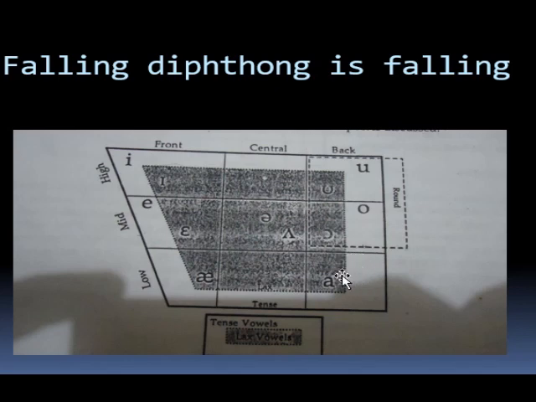Like the example, diphthong ear: it glides from e to a lower position, so it's falling. And the second is diphthong oo, so it falls too. Ear, oo, gliding, falling.